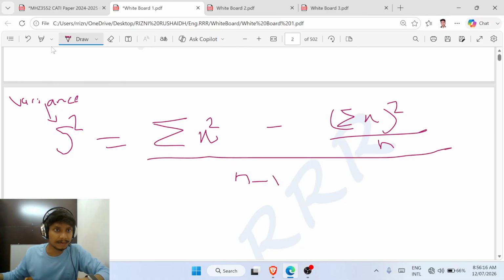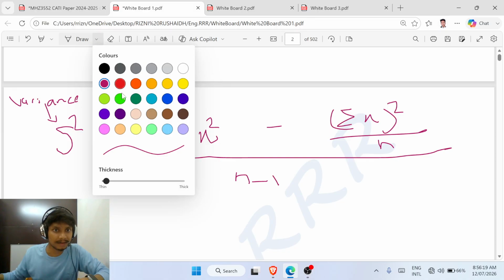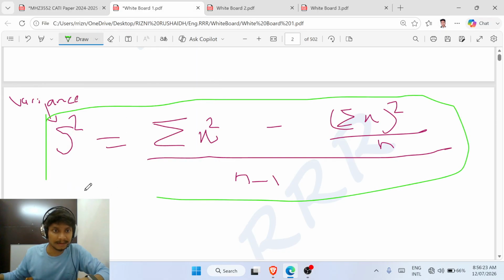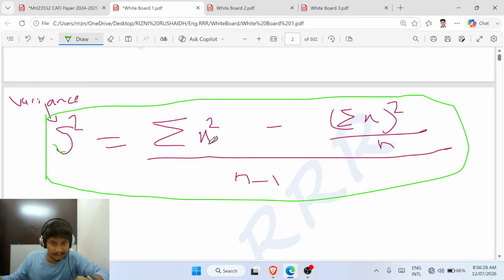This is the common equation to find the variance.